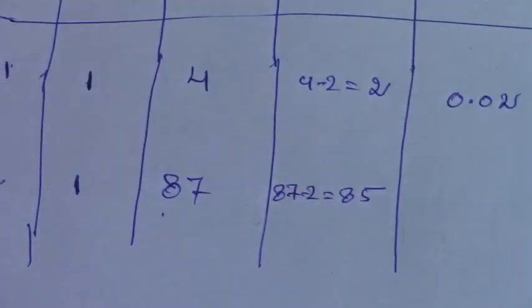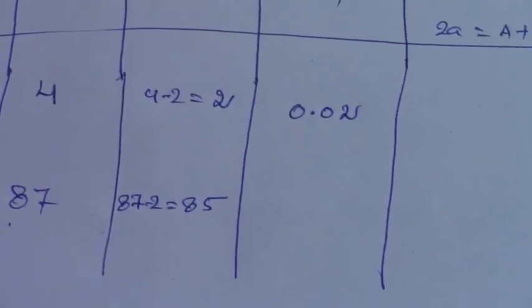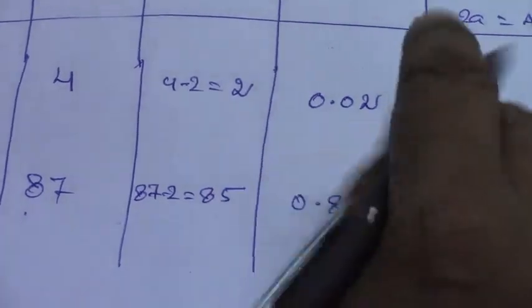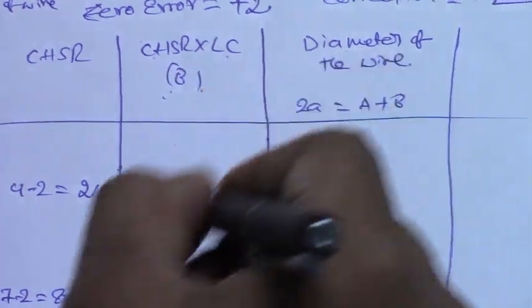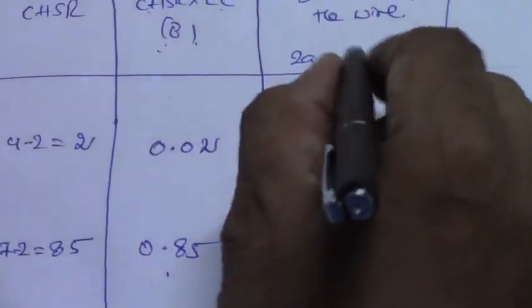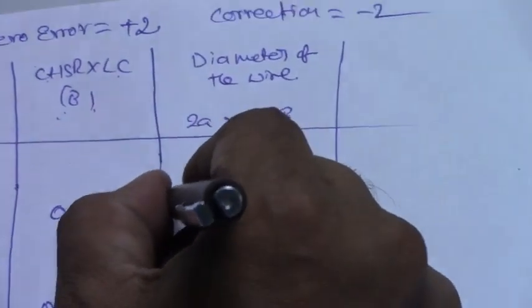Similarly 85 into least count, which is 0.01, will give you 0.85. Here we call CHSR into LC as B. PSR is A.